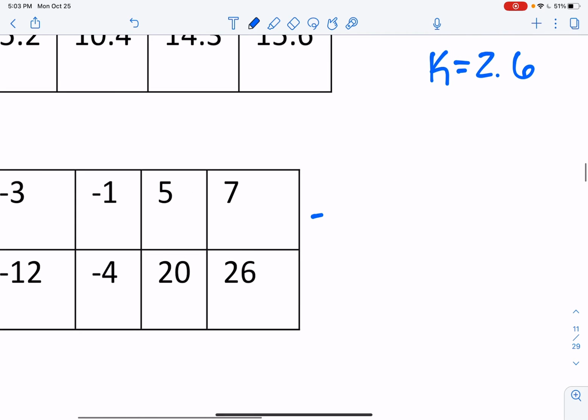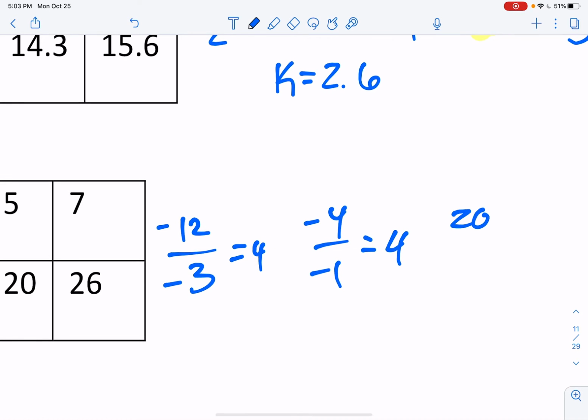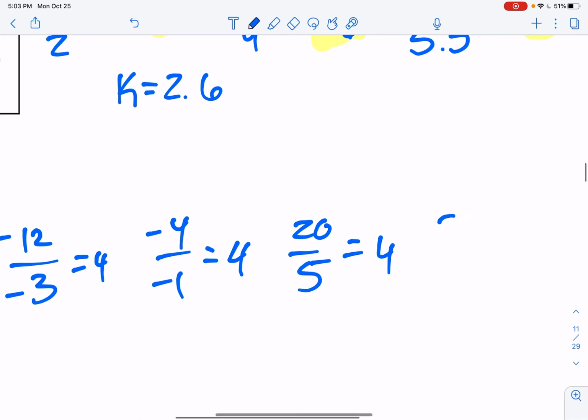On this one, I go negative 12 divided by negative 3, which is 4. Negative 4 divided by negative 1, which is 4. 20 divided by 5, which is 4. And 26 divided by 7, that's going to be 4.5.